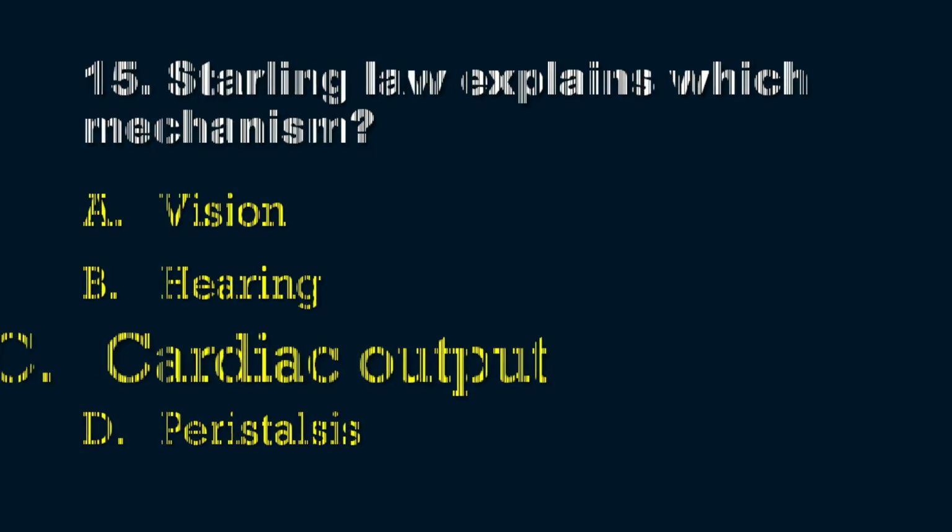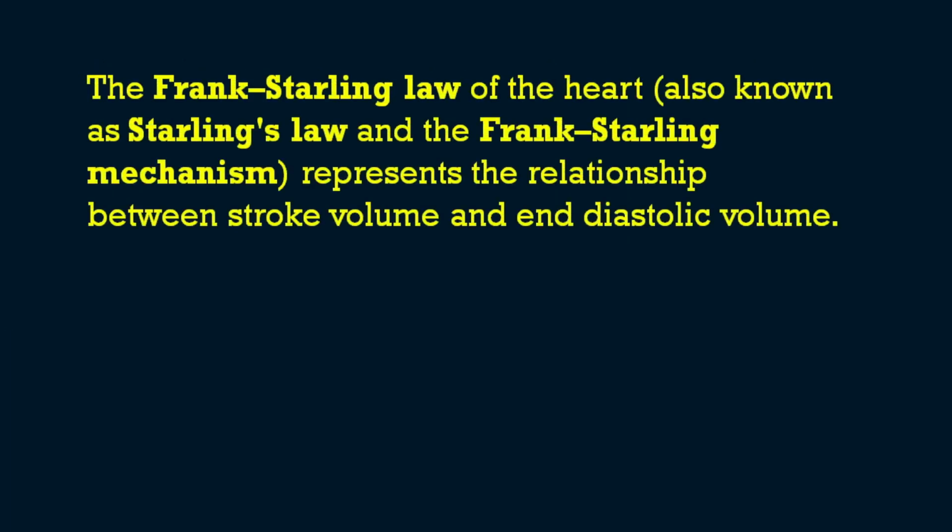We know that the Frank Starling law of the heart, also known as Starling's law and the Frank Starling mechanism, represents the relationship between stroke volume and end diastolic volume. So this is an easy law.